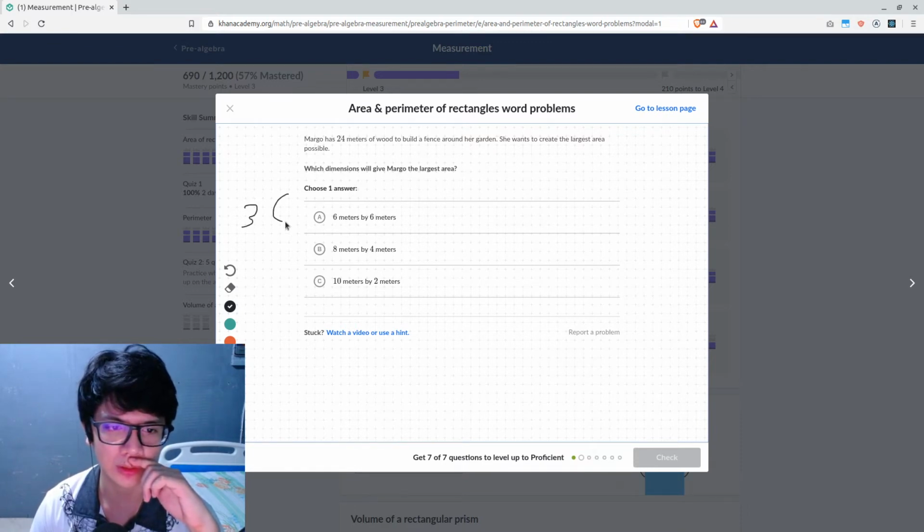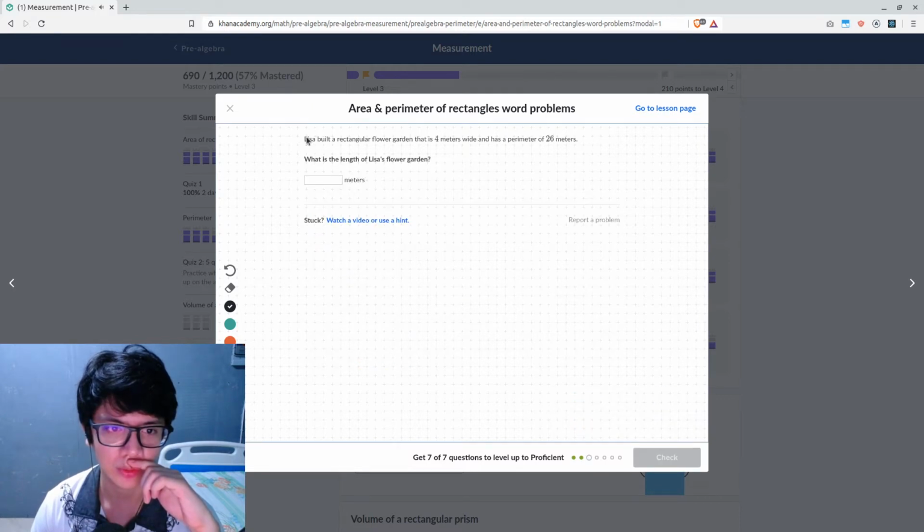Okay, this is 36. This is 32. Lisa built a rectangular flower garden that's 4 meters wide. What is the length of Lisa's flower garden? Okay, a perimeter of 26.